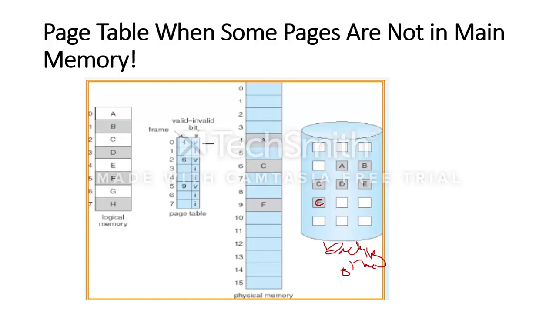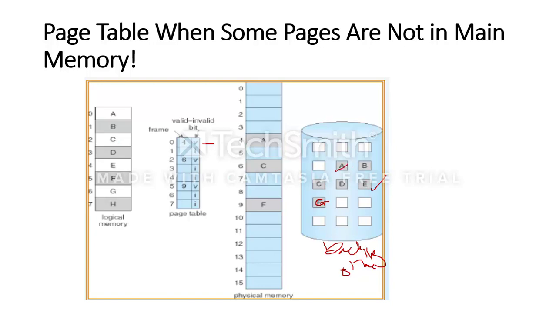This is supposed to be G, not F, right? Then you have your 6, you have your 7 H, H again, A, B, must be in the secondary storage location. Okay, we had A, B, C, D, E, F, G. Then A is valid, B is invalid, C is valid, D is invalid, E is invalid as well.